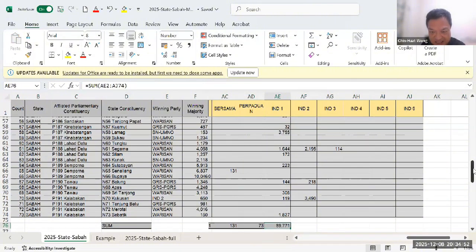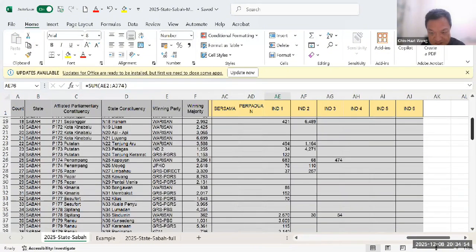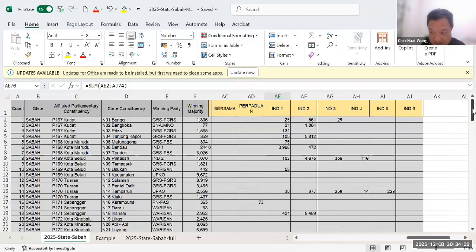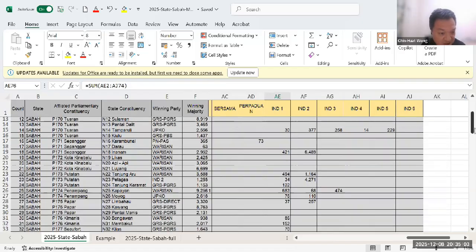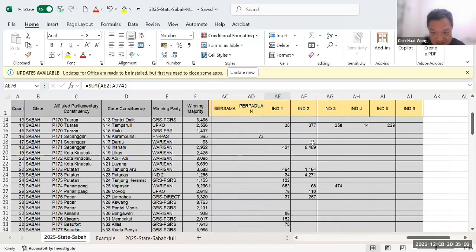What I'm saying is that you only need to take this guy out. He is in Inanam. Inanam is here somewhere. Spanga. This is a guy, 6489. You can find his name or whatsoever you want to put there. I think you just go search online, find out who is this guy.